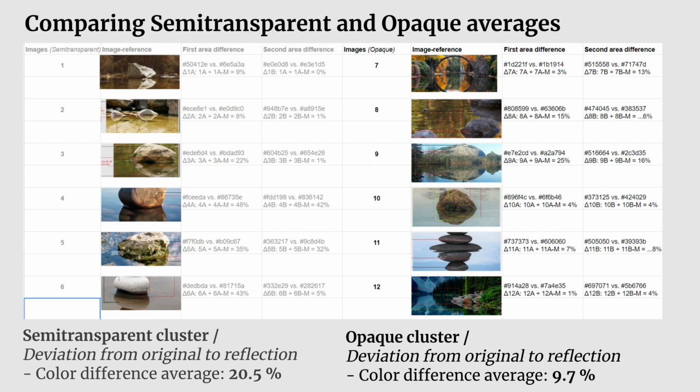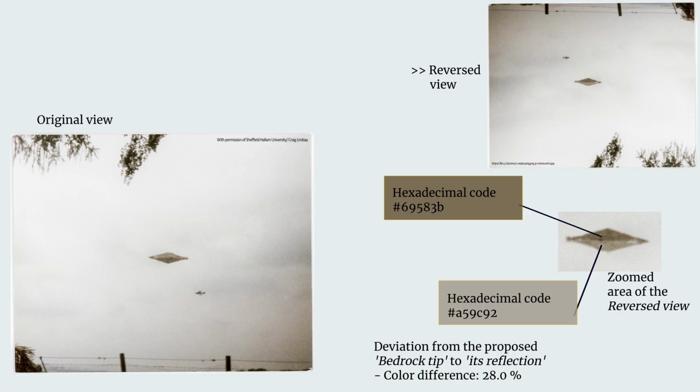So if we now calculate the difference for the diamond-shaped object and revisit this slide, we find that the color values between the proposed bedrock tip and its reflection results in a difference of 28%.